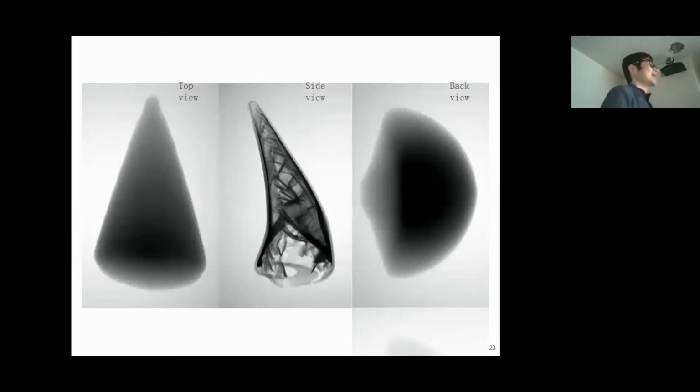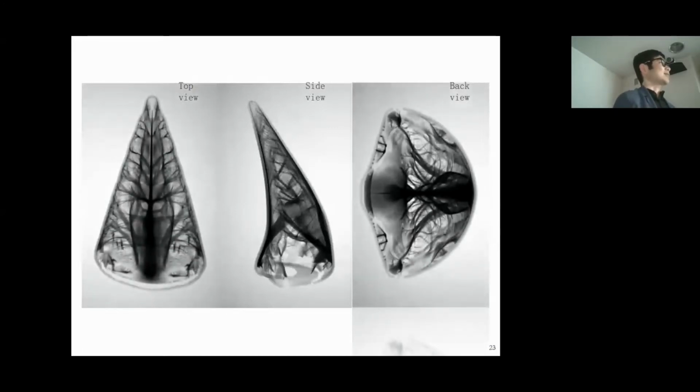We fix the boundary and apply force from the top, bottom, left and right, and we give it a volumetric constraint, like we just want 10% or 20% of the volume to be material. What should the interior structure look like if we want to minimize the compliance of this beak? This is the structure we get after a few hours or days of computation on a workstation.